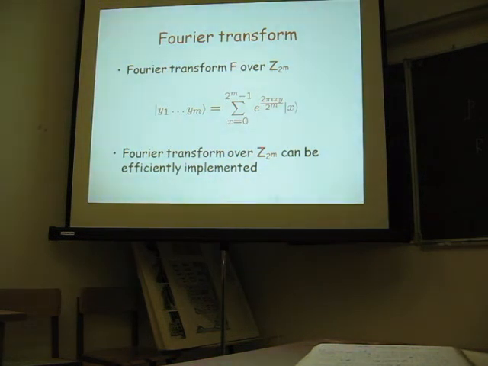And moreover, Shor was lucky because he showed that the Fourier transform can actually be efficiently implemented. So with few Hadamards, these rotations and C-NOTs, you can implement this Fourier transform quickly.